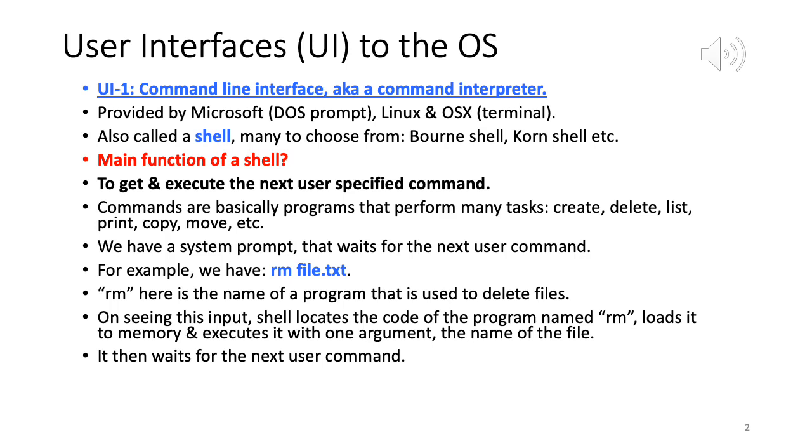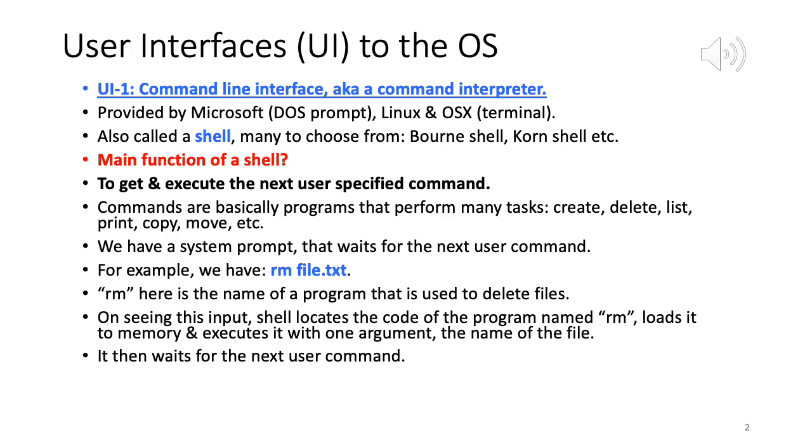There are three major user interfaces, which are command line interface (CLI), graphical user interface (GUI), and third is batch interface. So batch is when you submit all your programs in one go, and then you finally get the output. So there is no interaction in between. So that batch one we won't talk about much, but we will definitely discuss the other two: command line interface and graphical user interface.